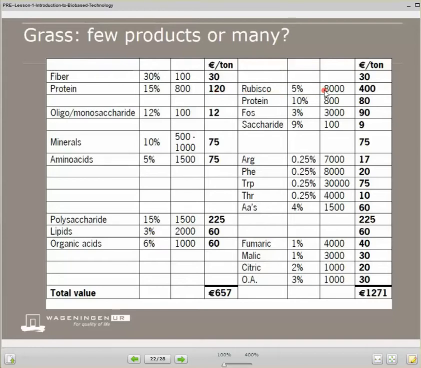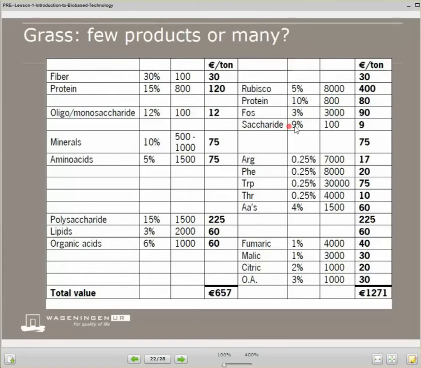Just like in your body, you have lots of different types of protein. Grass is the same. Rubisco, which has 5%, is worth 8,000, or in other words, 400 euros per ton, just for that one protein. The average proteins are 80.